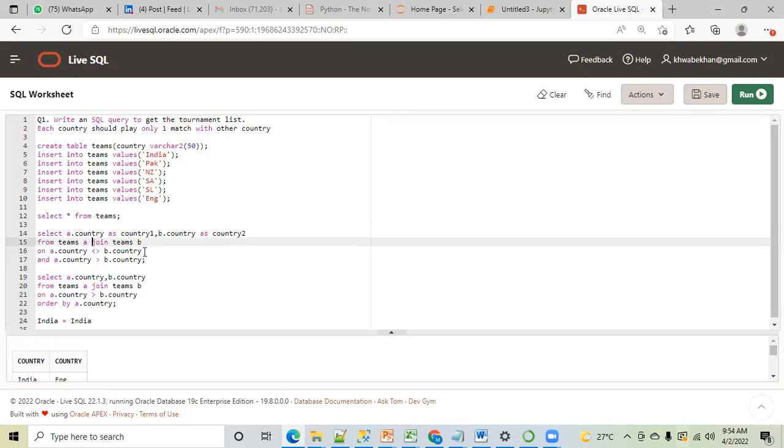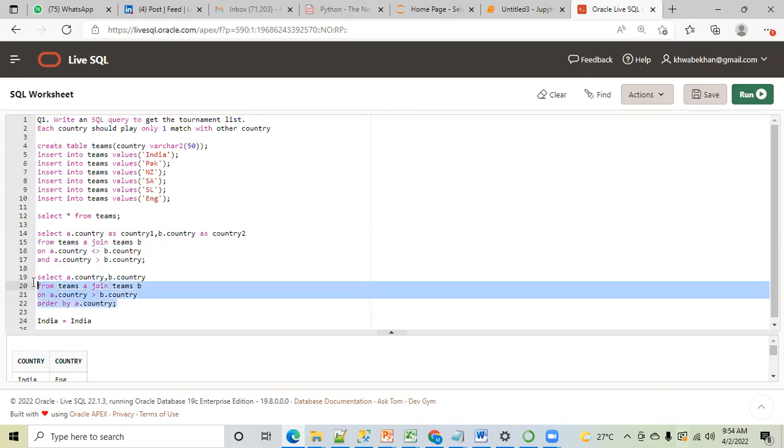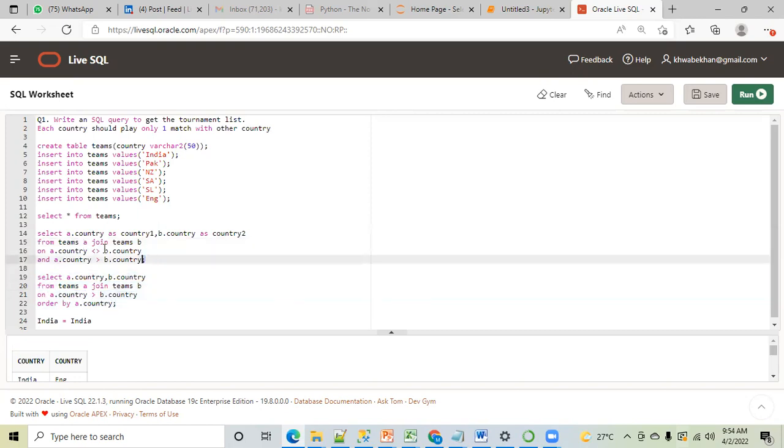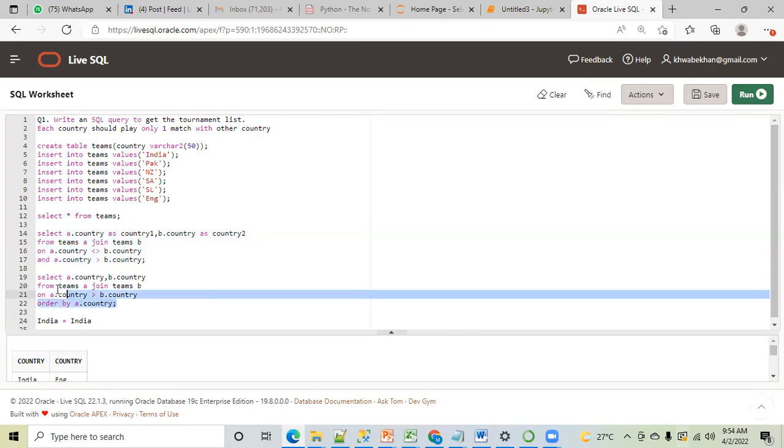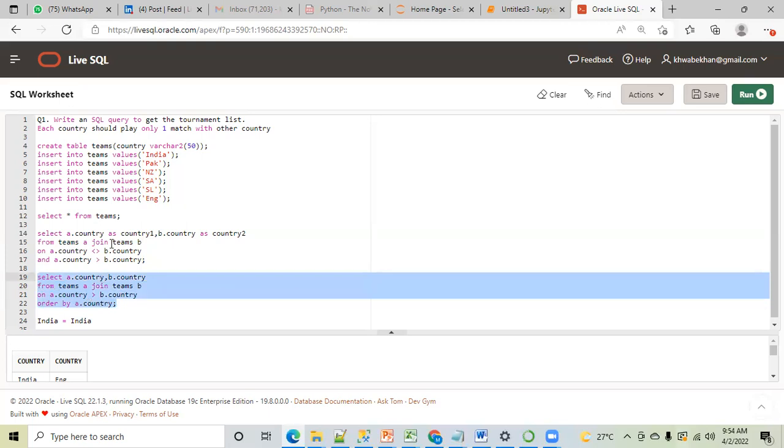But why I have mentioned this, I thought of explaining to you that it starts from here. But if you're writing this query, this is also sufficient. This is also fine. But if you can write in fewer conditions, that is far better. So this query is far better than this query. Is this clear? Any questions?